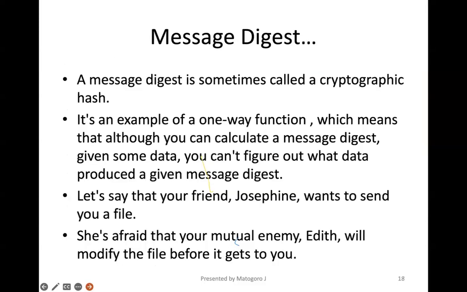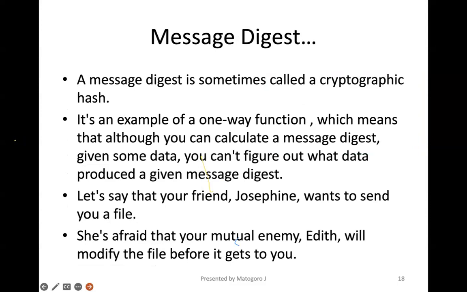It's also important to mention that the message digest is sometimes called a cryptographic hash, and it's an example of one-way functions, which means that although you can calculate a message digest given some data, you can't figure out what data produced a given message digest.